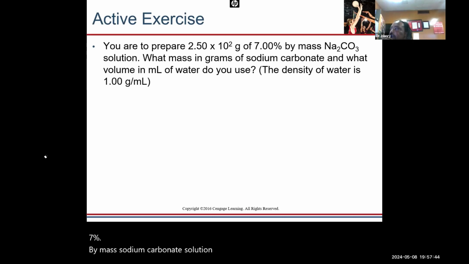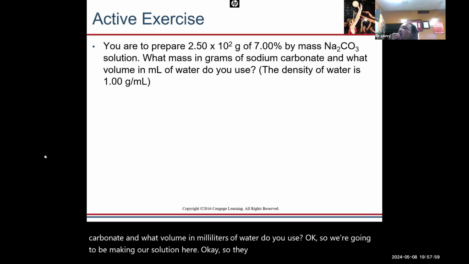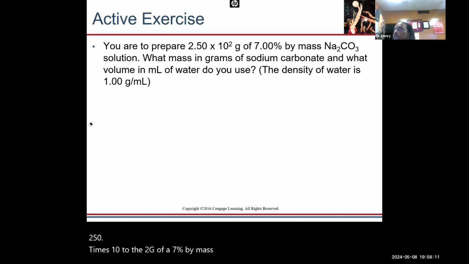What is the mass in grams of the sodium carbonate, and what volume in milliliters of water do you use? Okay, so we're going to be making our solution here. They want us to prepare 250 grams of a 7% by mass solution. So we know how much solution we have.